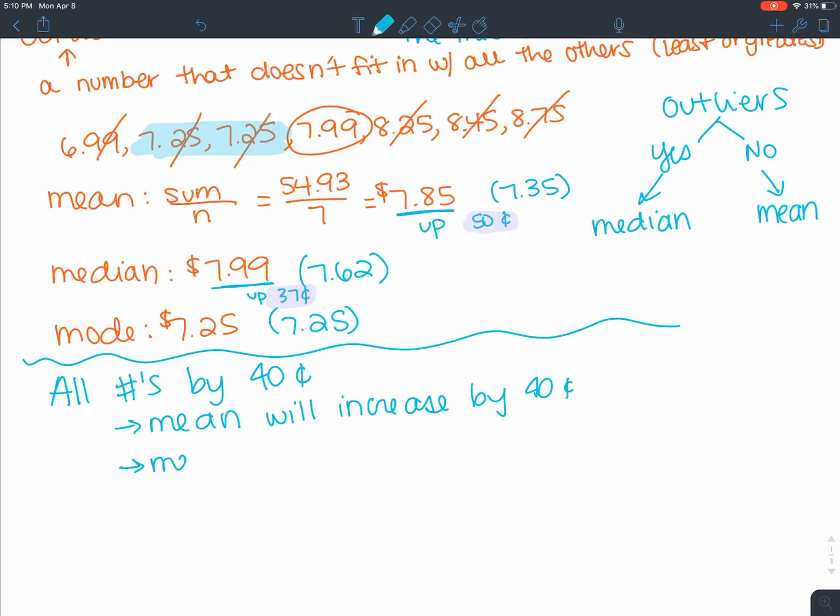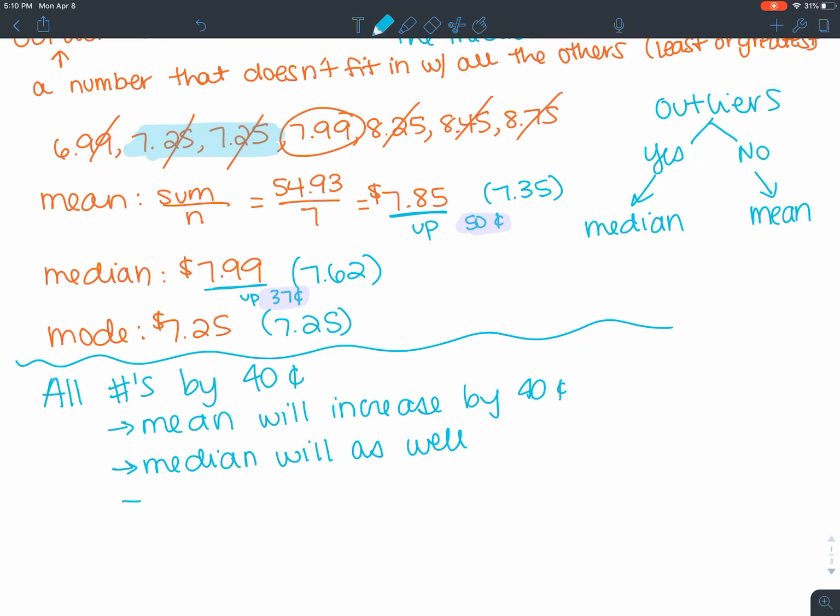The median will do the same thing. And so will the mode. So if you add numbers to all, or if you make all of them smaller or all of them bigger, then they will all be affected, the mean, median, and the mode.